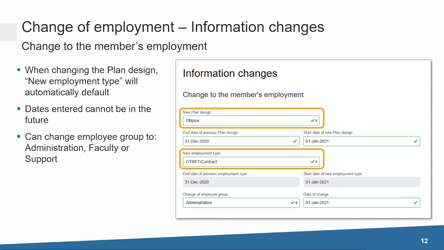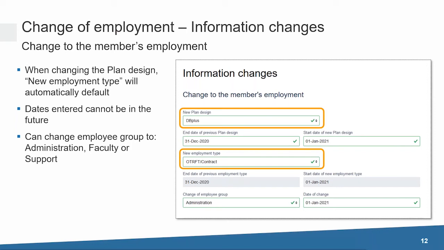For employers offering both plan designs, if you are changing a member's plan design, the portal will automatically change the member's corresponding employment type. For example, if a full-time DB Prime member was changing plan designs to DB Plus, the new employment type will automatically change to other than regular full-time / contract.